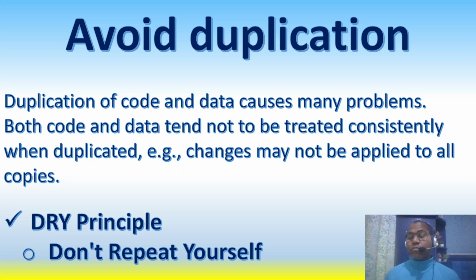They might miss it, and because they are fixing one issue, they are impacting other modules. This is the problem of code duplication, and for this a very nice name is given: the DRY principle. Don't repeat yourself.